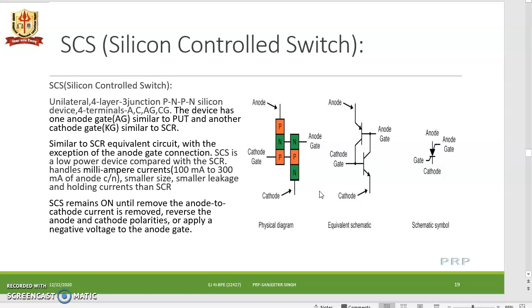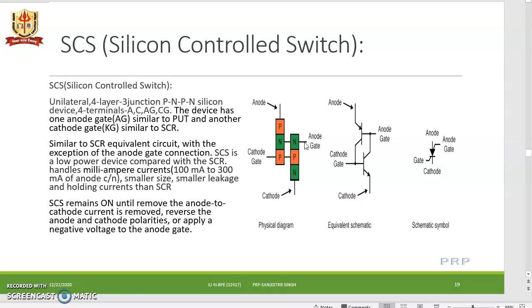Leakage current and holding currents are also smaller compared to the SCR. Then the SCS remains on until we remove the anode to cathode current, reverse the anode cathode polarities, or apply a negative voltage to the anode gate.